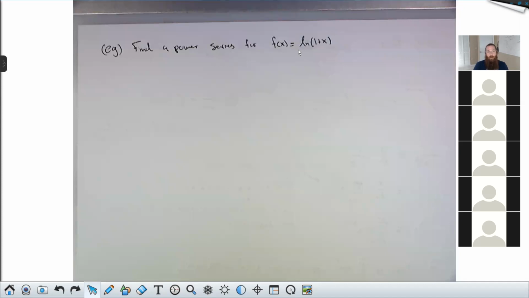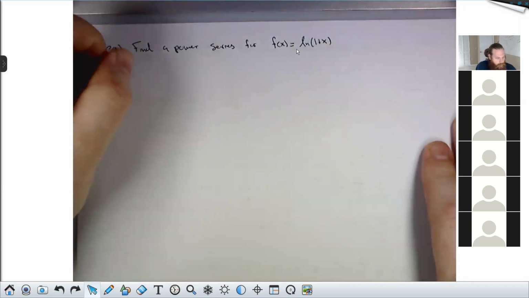That's the derivative of this, but if you differentiate 1 over 1 plus x, you don't get the natural log. So Nathaniel's answer is kind of what I'm looking for. There is nobody I know right away who differentiates to this, but I do know a function that integrates to this.